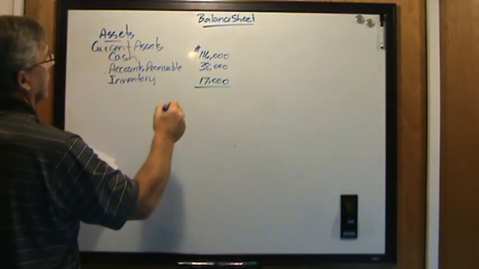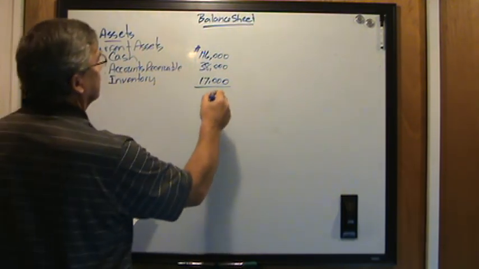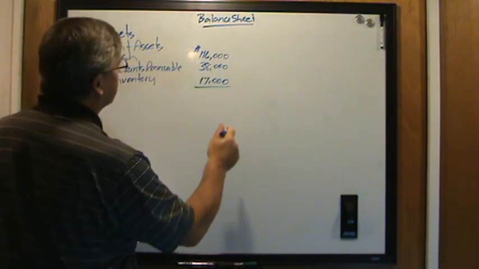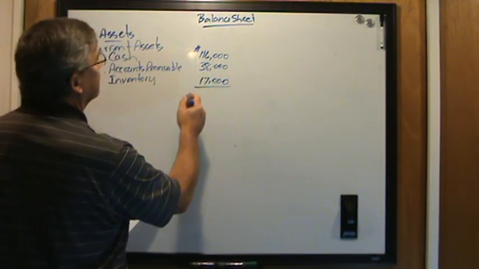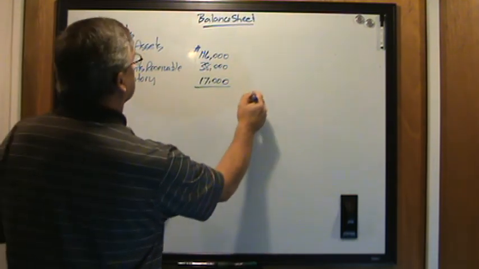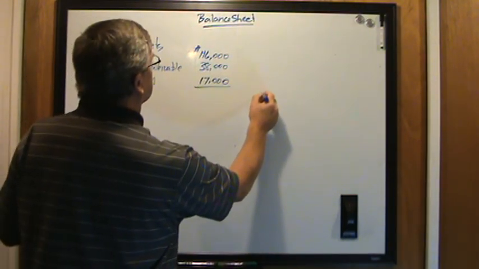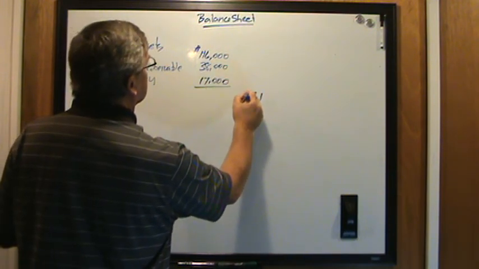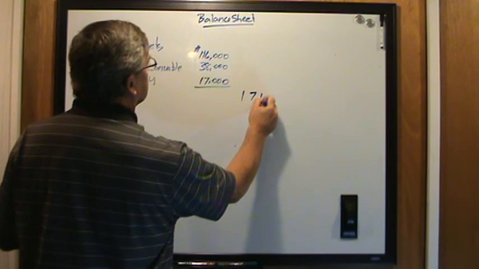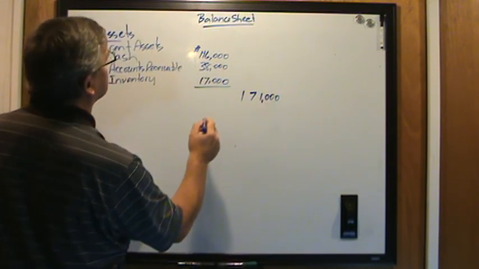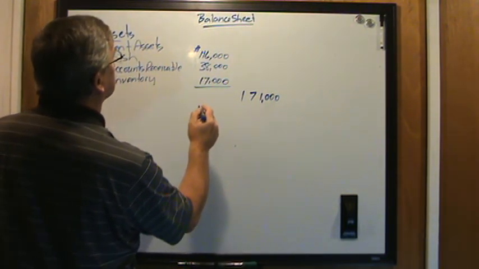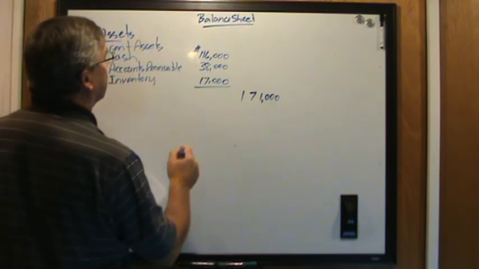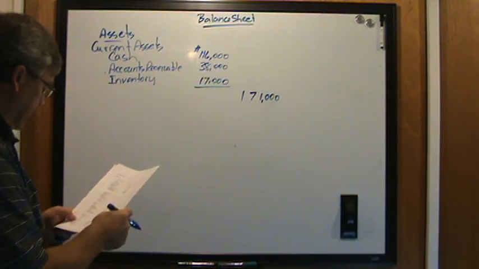So the total of the current assets are, let's see if we can add this up quickly here. 15, 21, 7, and 1, I believe. Yeah. Okay.